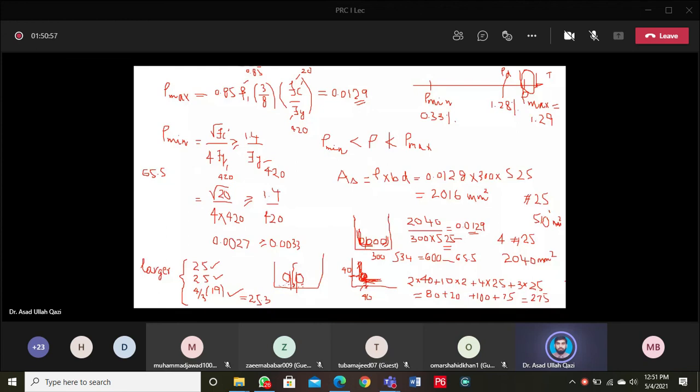So as you have said 25.3, even if you make it 25.3, so 3 into 25.3, or if you say I have a tie of dia 13, so 13 into 2, still your answer will remain well within 300 millimeter.